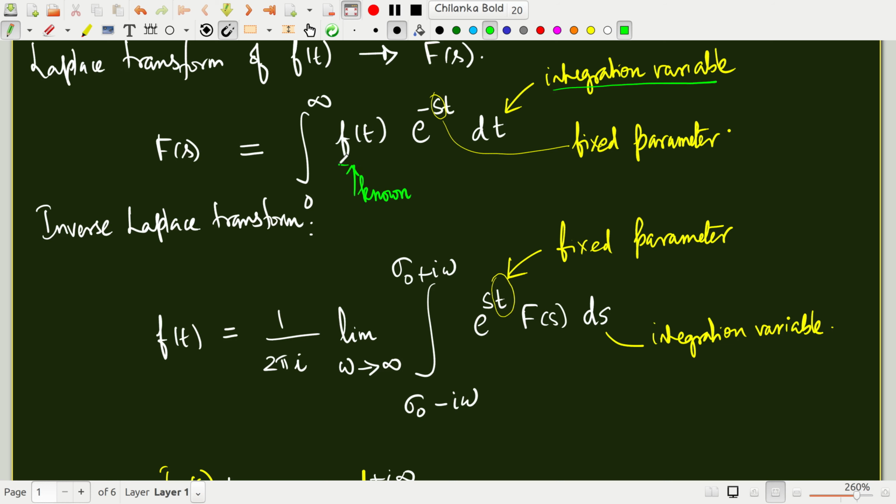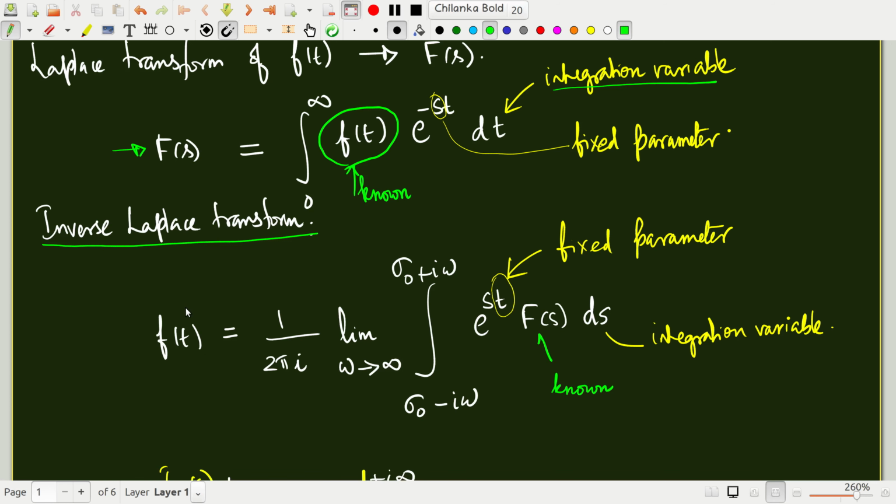So here I am assuming that f of t is known, and the goal is to find the Laplace transform F of s. Usually what will happen is we will not know f of t. Instead we will try to solve for F of s, and then you want to find f of t. That is called the inverse Laplace transform. Here F of s is known, whereas you are interested in finding f of t.